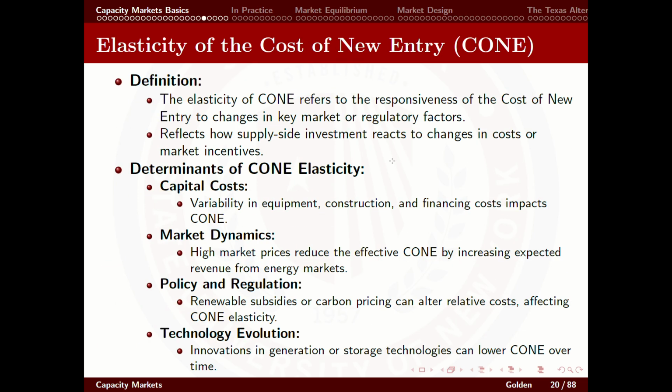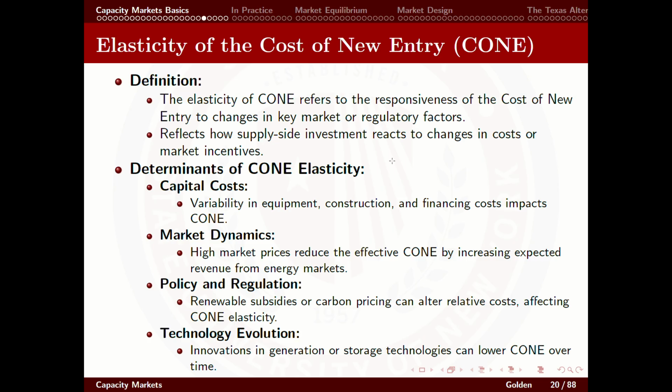So high market prices reduce the effective CONE by increasing how much of the money you're going to get from the energy market. This is about how much you have to pay people to be there if they're not expecting to get a lot of revenues from the energy market beyond their variable cost.